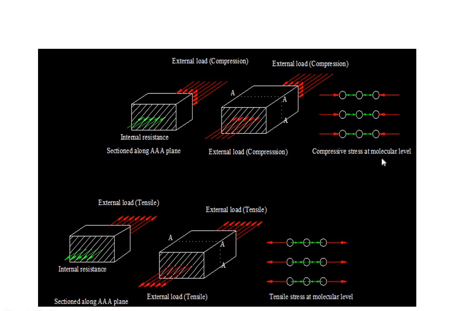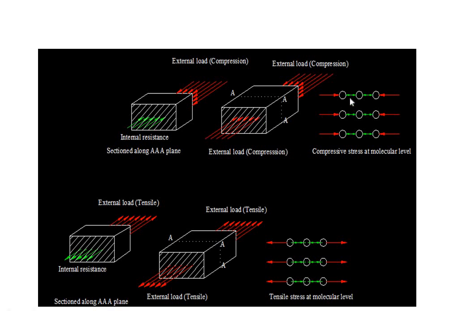Now look at what happens at the molecular level. Assume these circles to be the molecules, right? There will be some intermolecular distance, right? These compressive forces try to reduce the intermolecular distance, right? So the material offers a resistance to maintain the same intermolecular distance.